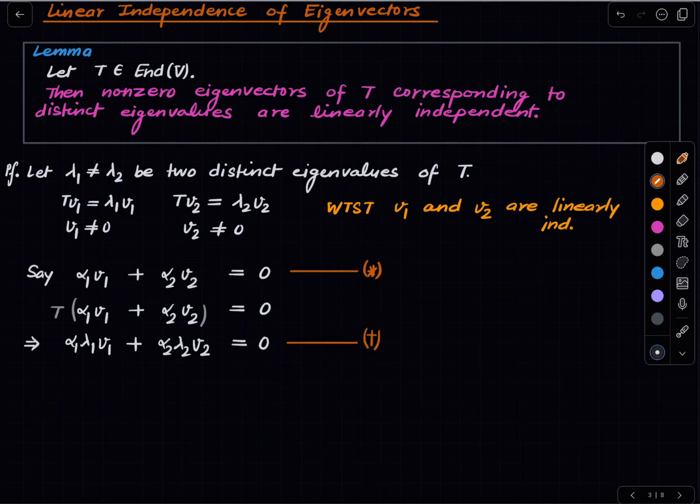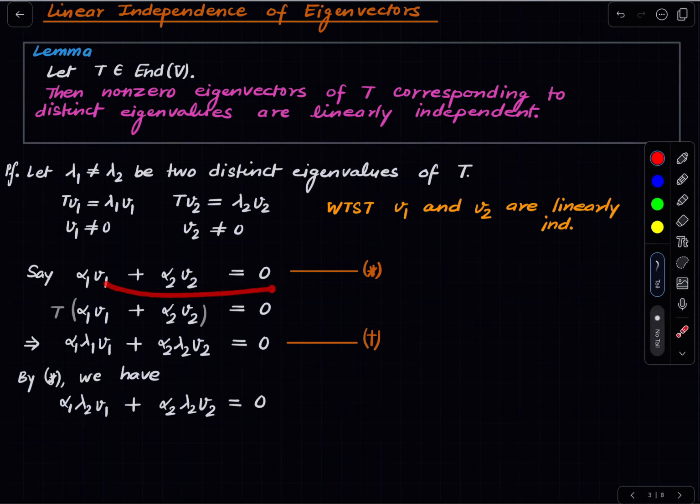And now by star, we are just multiplying lambda 2 to both sides of star. So alpha 1 lambda 2 V1 plus alpha 2 lambda 2 V2 equals 0. This was star, and we multiplied both sides by lambda 2. Let's call this clubs, or I like to call it broccoli because it looks like broccoli.